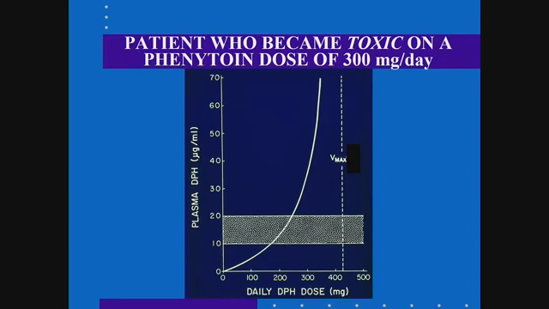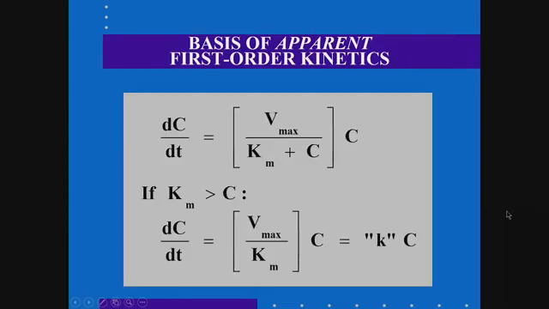And again, this is another example of a patient that became toxic on a phenytoin dose of 300 milligrams per day, a typical dose, if you will, but excessive in the case of this individual with slower rate of metabolism. Defining the therapeutic dose then for this patient should really be 200 milligrams per day.